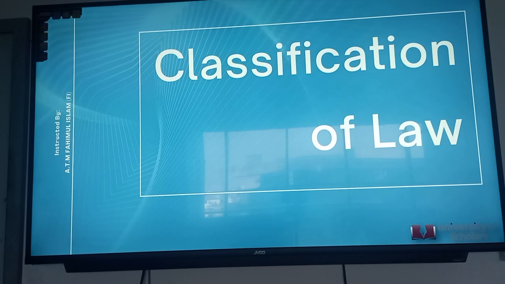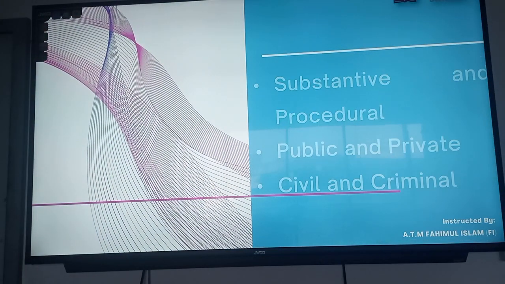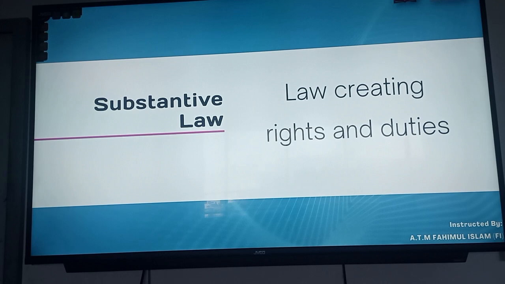classifications of law, where we will talk about substantive law and procedural law, public and private law, civil and criminal law. Starting with substantive law, it is the law which governs the original rights and obligations of individuals. Substantive law may derive from the common law, statutes, or a constitution.